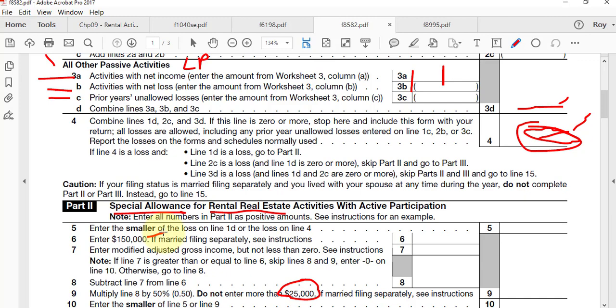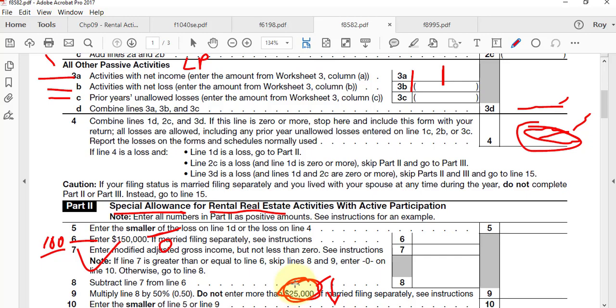If it's below 100,000, there's no limit. Well, this would be the limit, the 25. But if you exceed 150, it'll zero out the amount that's deductible here. So for every $2 you go over the 100,000, you're going to reduce this 25,000 by $1. Because the range here is 50 and the deduction here is 25.